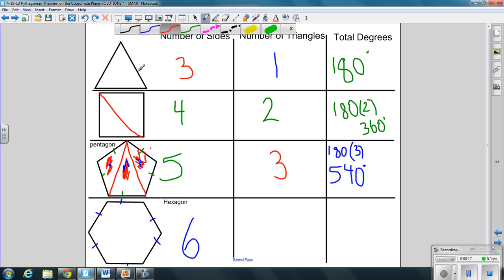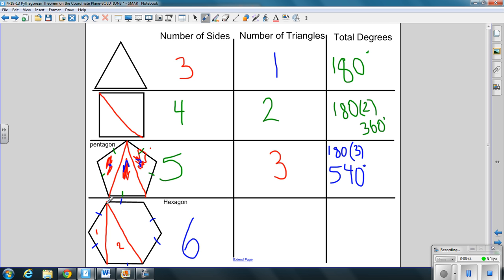Remember, when you cut triangles, the lines that you're making cannot overlap each other. So if I start at this vertex, could I go straight down here? Hopefully you're saying no. So from here, I'm going to go straight down to make one triangle. Go back to the same starting point, and you can start at any vertex around the shape. I'm going to go to the next vertex to make the second triangle.